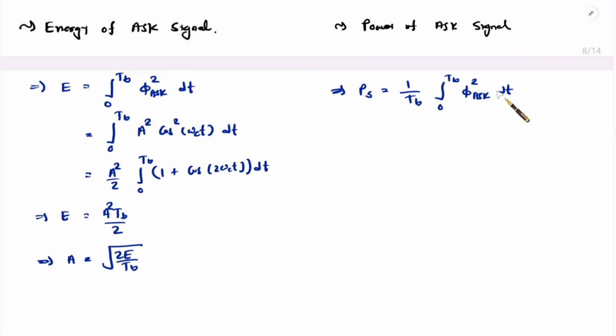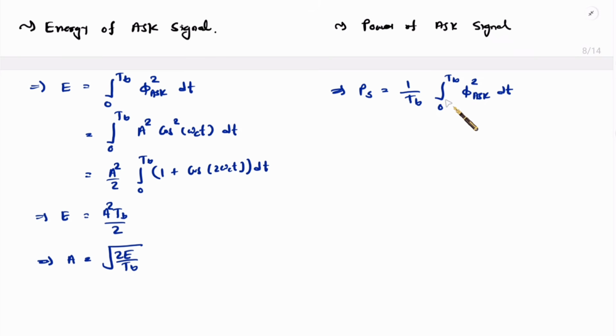One should know the difference in between energy and power. In signals and systems, I have explained all those things. And here in power, there should be 1 by TB integration 0 to TB square of the signal dt. While in energy, you don't need to do 1 by TB over here, right? Here, this calculation that we have already done.